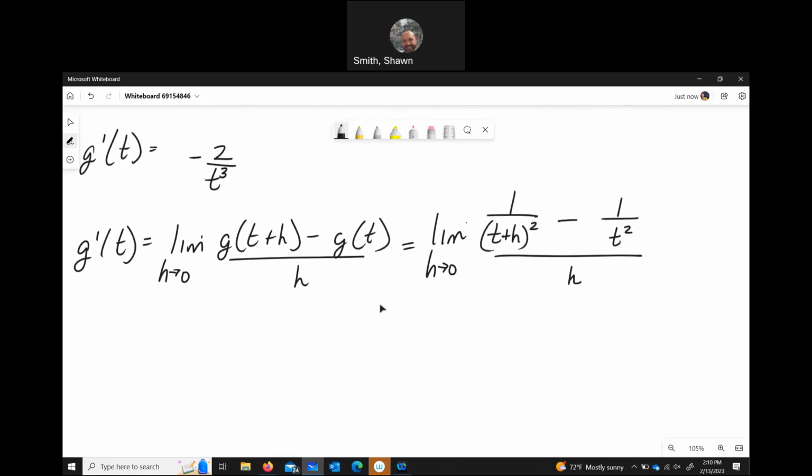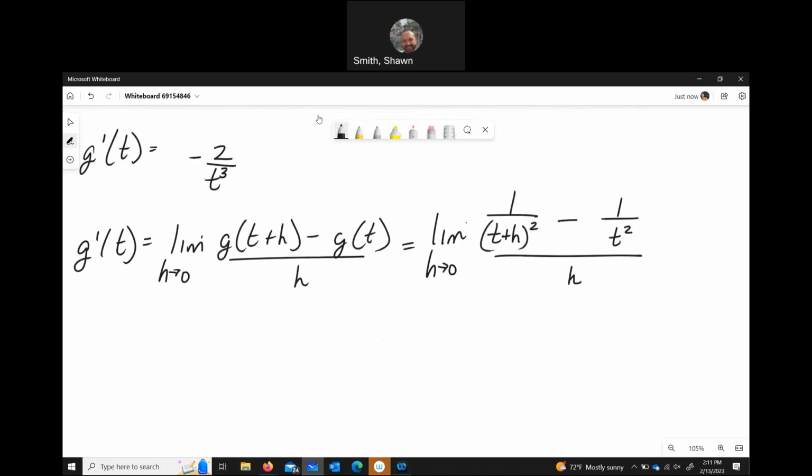There's a couple ways to do this one if you want. If you've got one fraction divided by a fraction, that's one fraction times the reciprocal at the bottom, right? You could do that. There's only one fraction, h in the bottom, right? Or this is actually a complex fraction, which I got fractions within fractions, right? So a way to do that is I can get rid of all the fractions inside by multiplying by the LCD of all the denominators there.